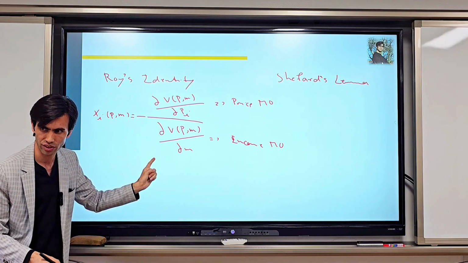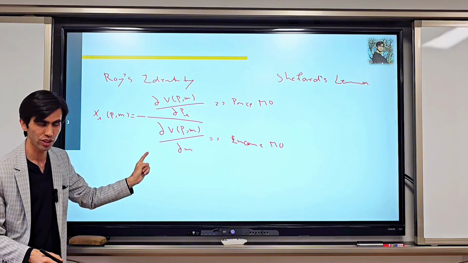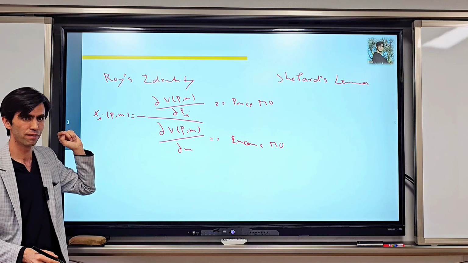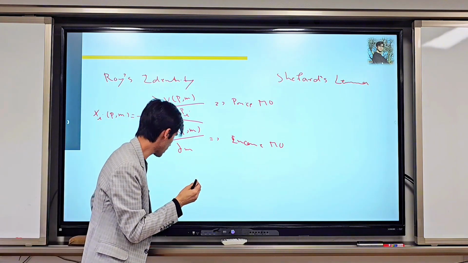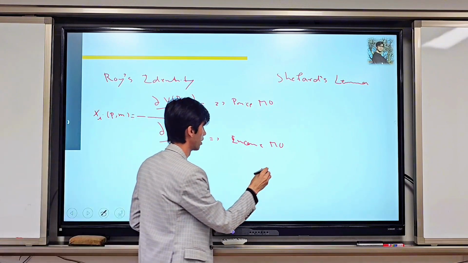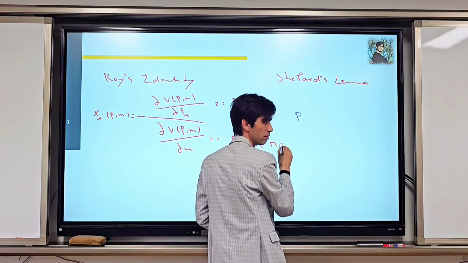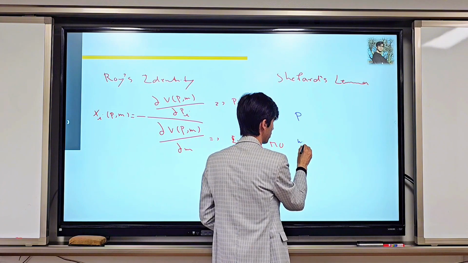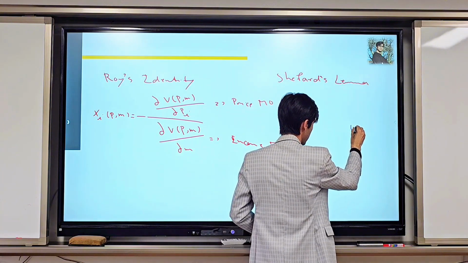Why do we have a negative sign? Can you tell me why we have a negative sign here? Think about this. We have price, we have income. Relate this to utility.